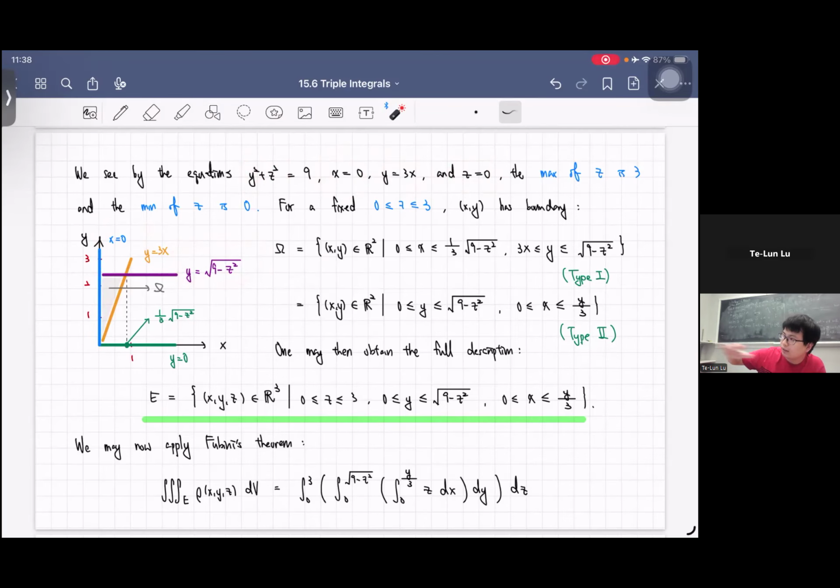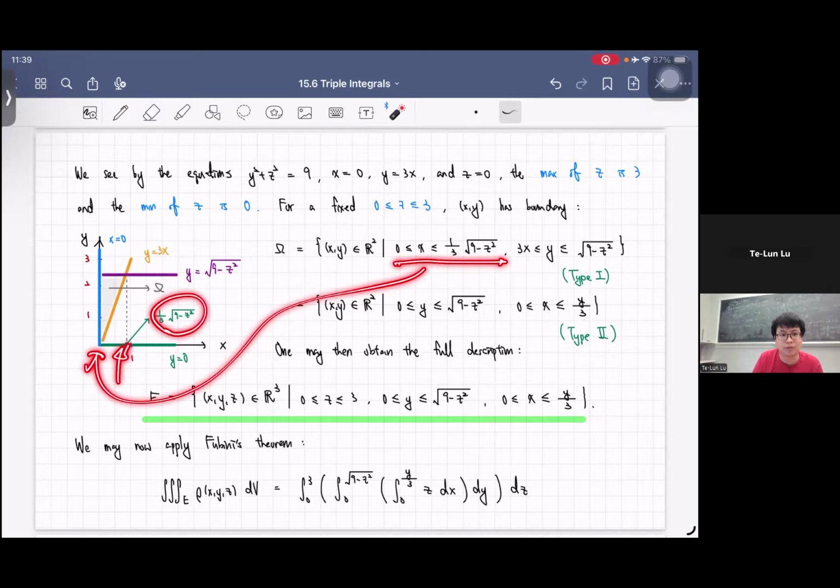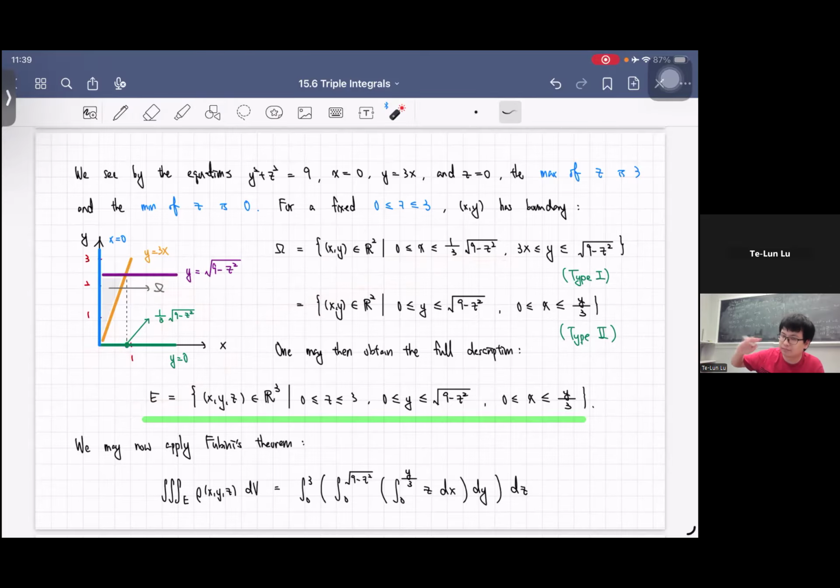So at level z, you're computing the integral over this region. Say we denote this by omega. I regard this as a type 1 domain, then it'll be something like this. We fix the y boundary, which should be 0 to the square root of 9 minus z squared. Note that z is now a constant, okay? z is fixed.